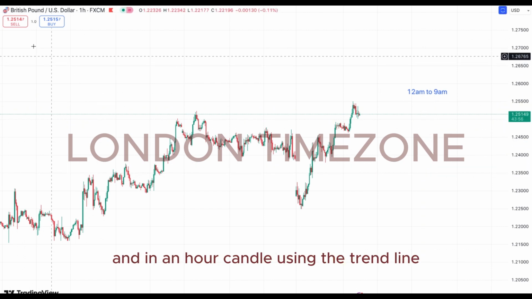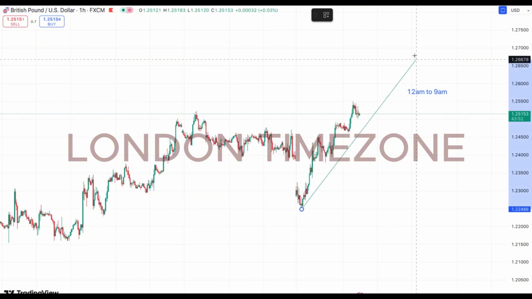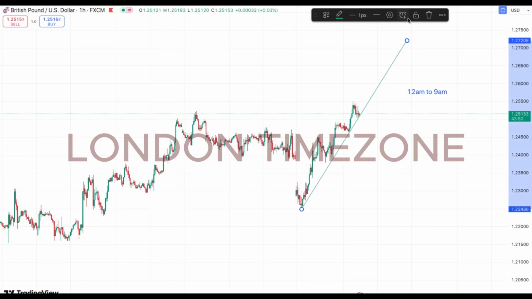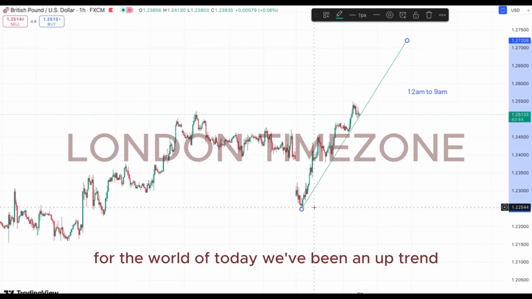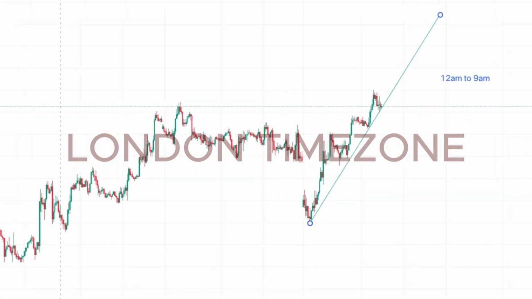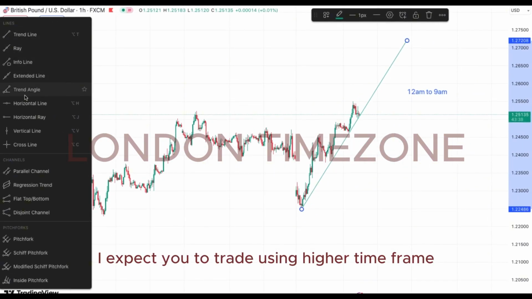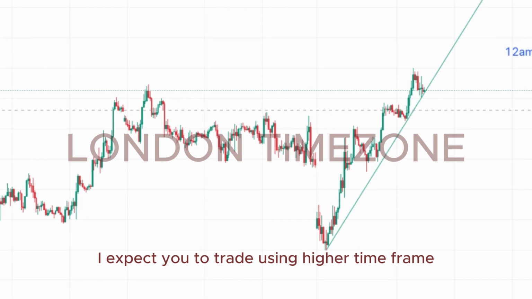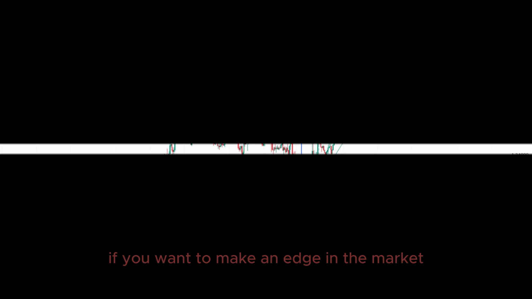And in an hour candle, using the trend line, we're in an uptrend. For the whole of today, we've been in an uptrend. Now, I expect you to trade using higher time frames when you want to trade, because it's very, very important if you want to make an edge in the market.